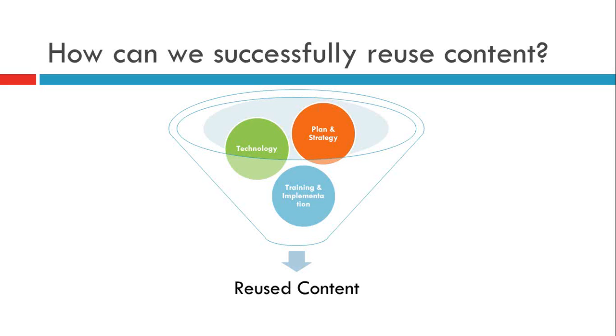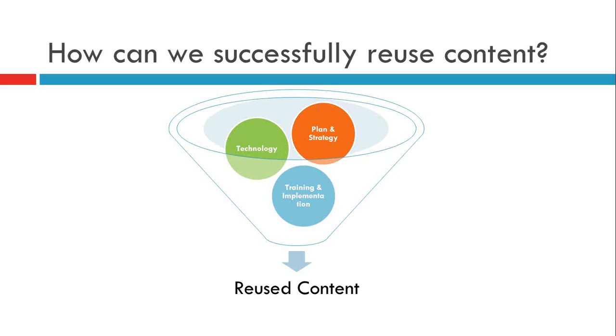As we have mentioned, we have planning and strategy, then training and implementation, and then technology. The core area of the systematic content reuse method is the technology, where various types of technologies are nowadays available in the market for reusing content. And we are not sure which technology we should use.